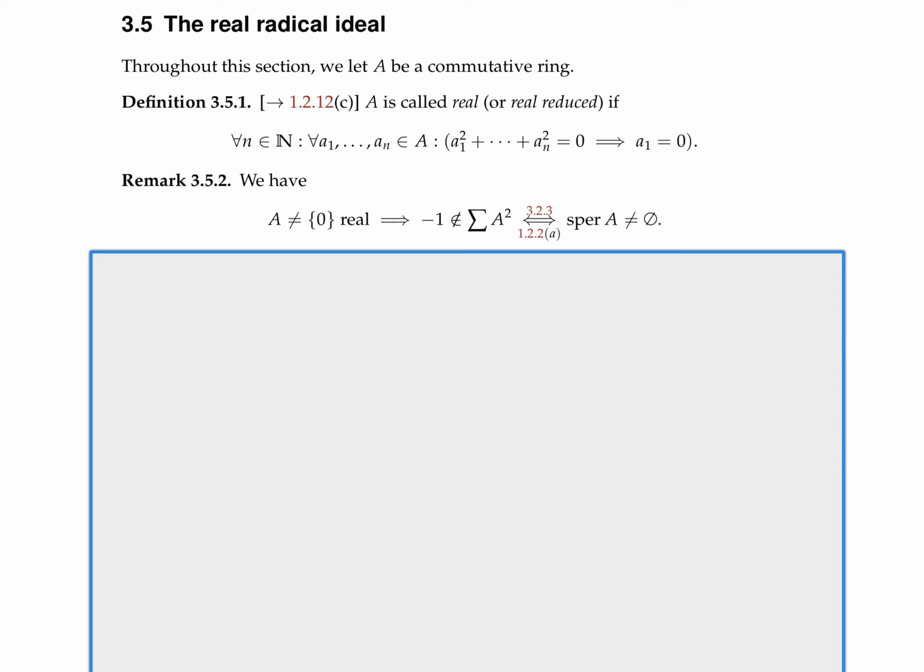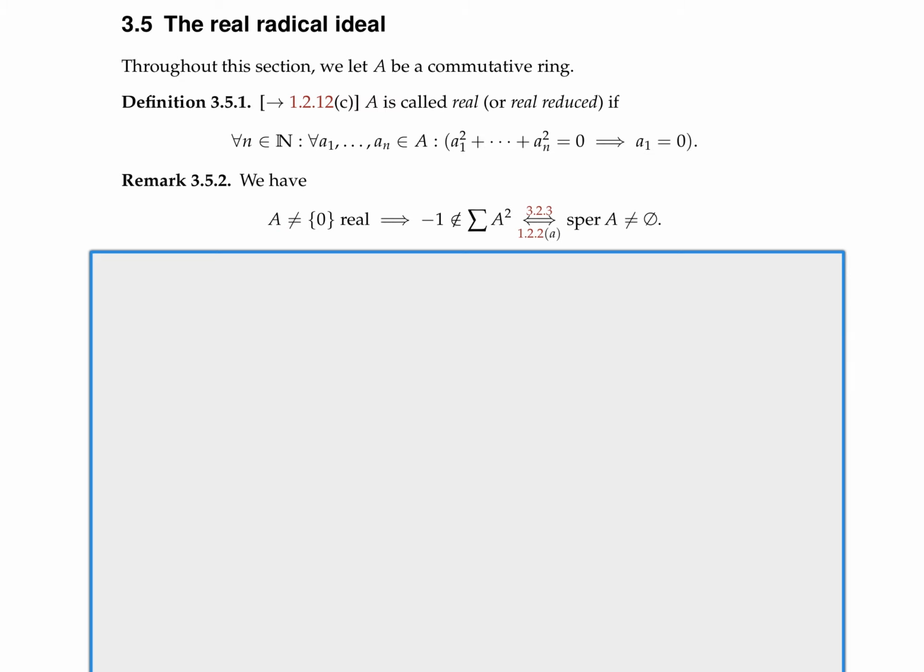But in that ring, it's certainly not true that -1 is not the sum of squares. So already because of the trivial ring where 0 equals 1, this condition is not equivalent to -1 is not the sum of squares. But in fact, that's not the only counterexample. We will see another counterexample which is not the trivial ring in a minute.